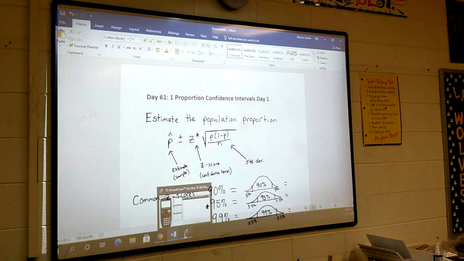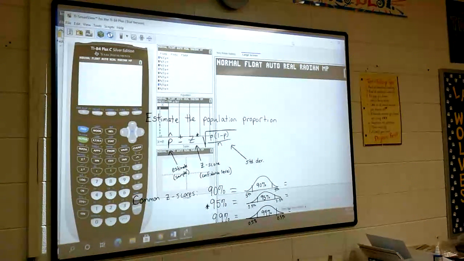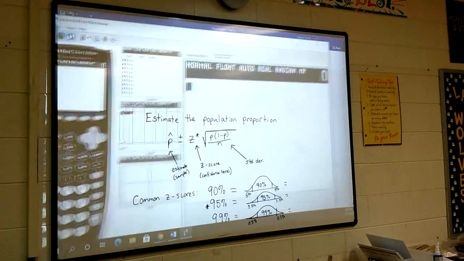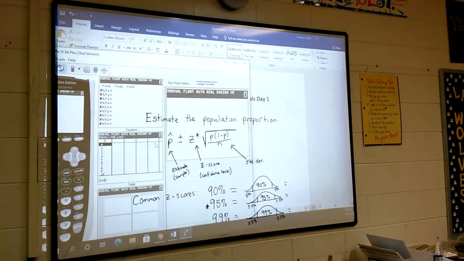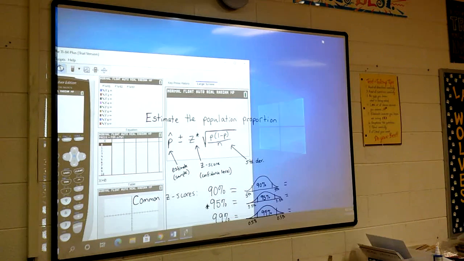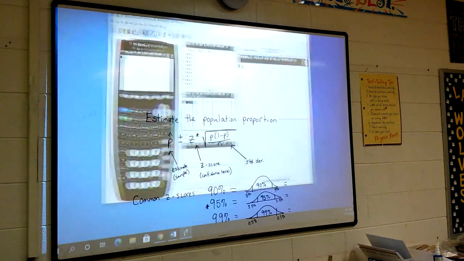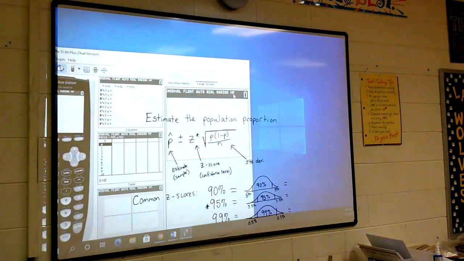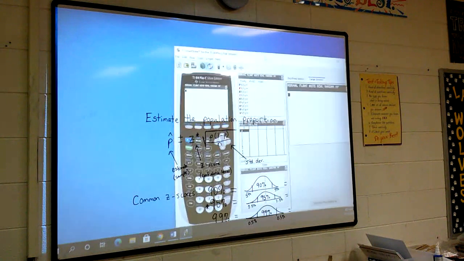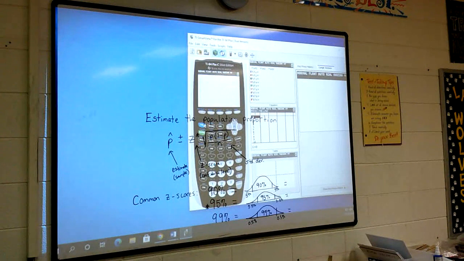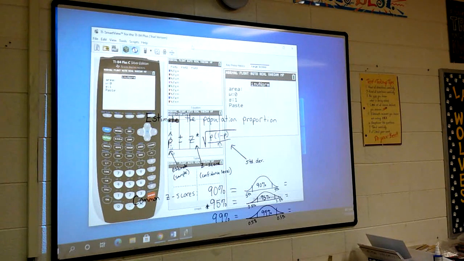For the 90% confidence interval, you're going to go to your calculator, go to second vars, and use inverse norm, which we've used before. The area is the area to the left of where it ends.